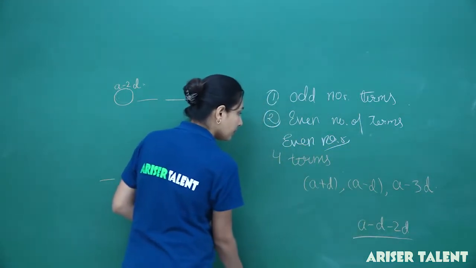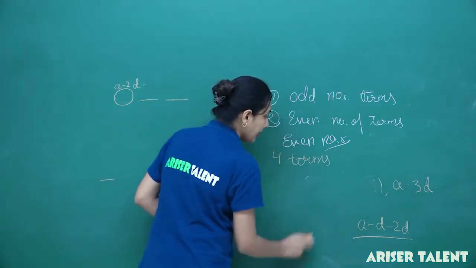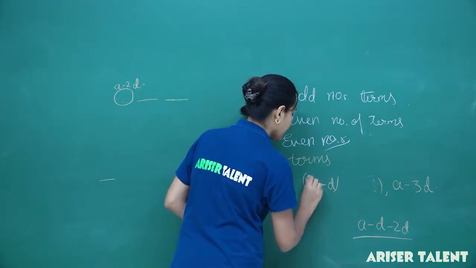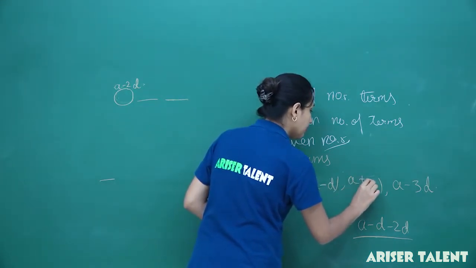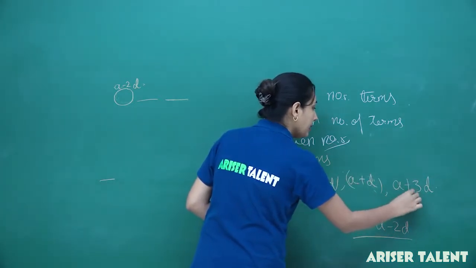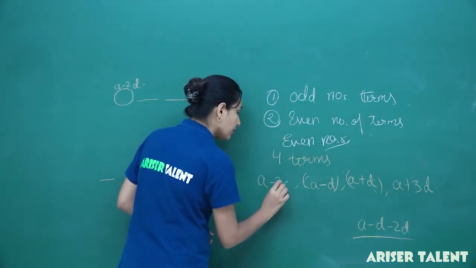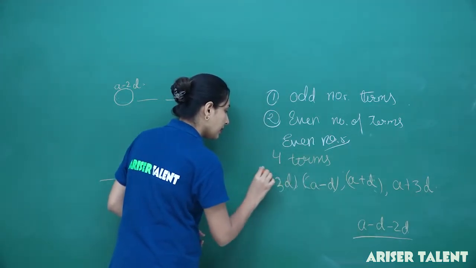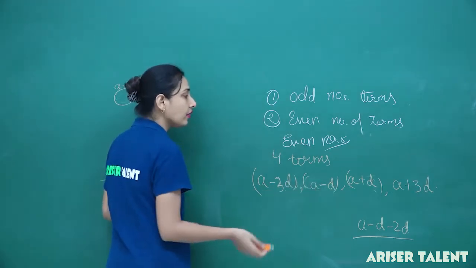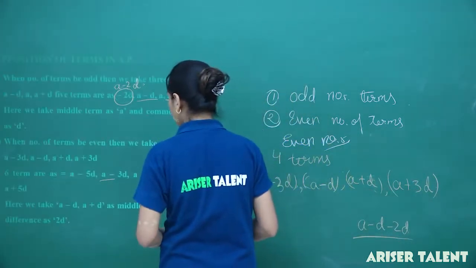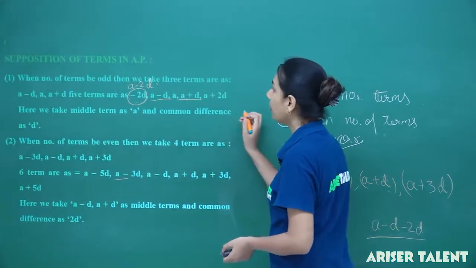That will be in the reverse order, like A plus D, A minus D here and A plus D here, A plus 3D here and A minus 3D here. So this will be your 4 terms that you will be supposing.